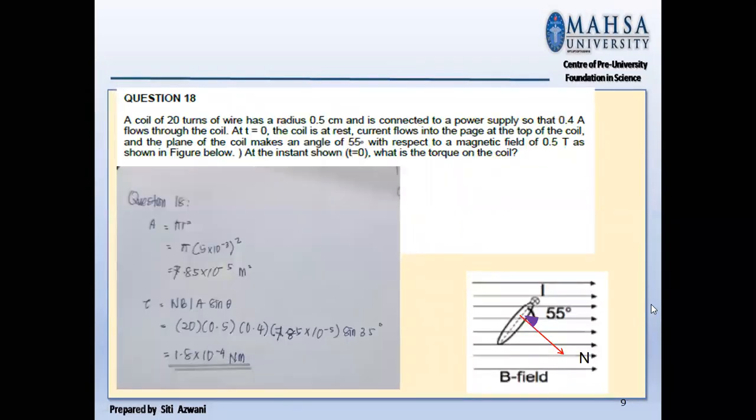Next question, number 18, which is under the torque on a coil. Let's read the question here.